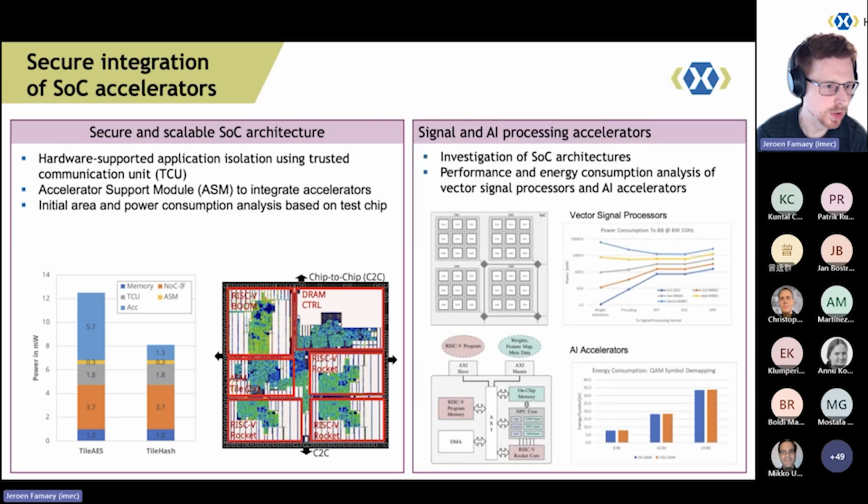And as we looked into how to integrate such hardware accelerators, we also developed accelerators for AI processing and signal processing, which are useful, for example, for AI-based radio design, where a base station and a UE need to use AI for radio communications. And then these accelerator chips allow to perform these operations at much lower power consumption than doing it in software, for example.